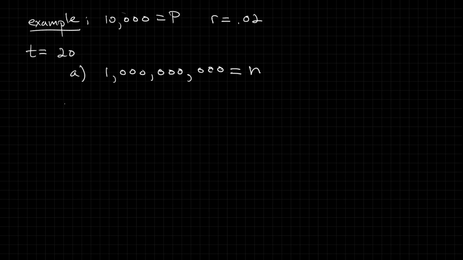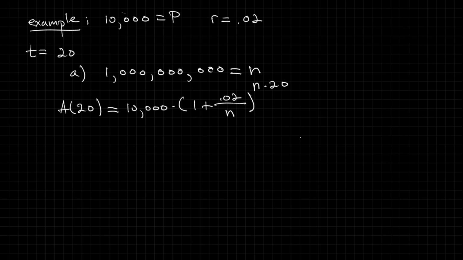Then in order to figure out the amount of money after 20 years, this would be 10,000 times 1 plus 0.02 divided by 1 billion, for which I'll just put n, to the n times 20 power. And if you pause here and take a look, you can see something in here that kind of looks like e.